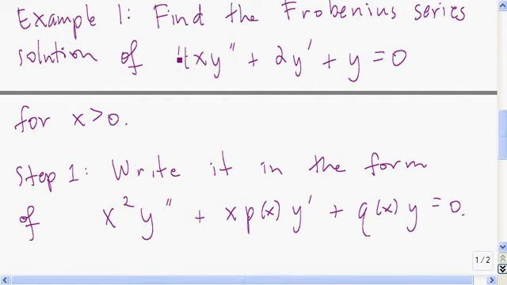Because of this 4 here, we want to first divide by 4. And that's only x to the power of 1. We want x to the power of 2. So basically we're going to multiply this by x over 4 to get it as just 1 times x squared.